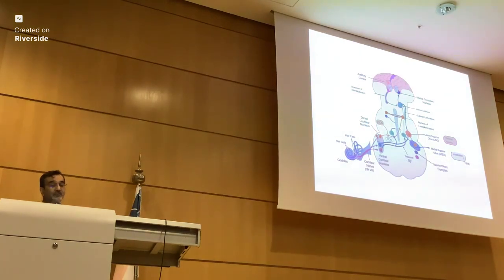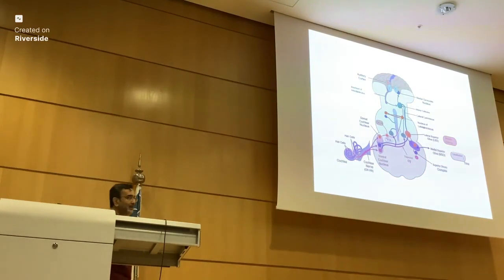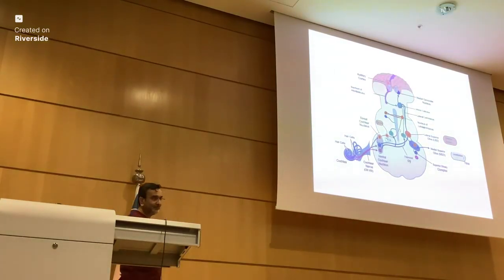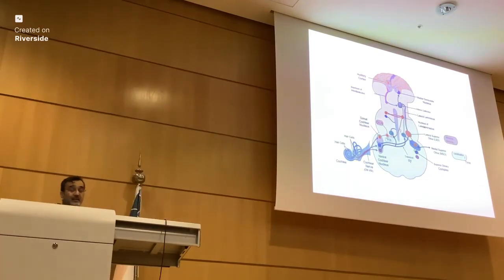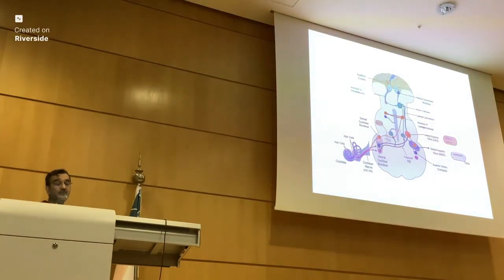So the dorsal cochlear nucleus is going to give rise to the second order neurons. These second order neurons are going to cross the midline. When they cross the midline in the pons, they are called the dorsal acoustic stria, and then they reach the nucleus of lateral lemniscus.